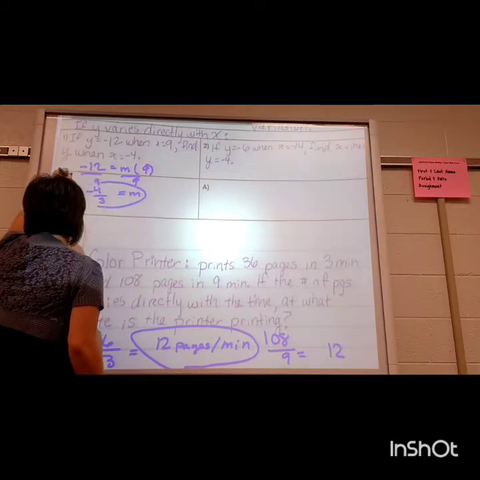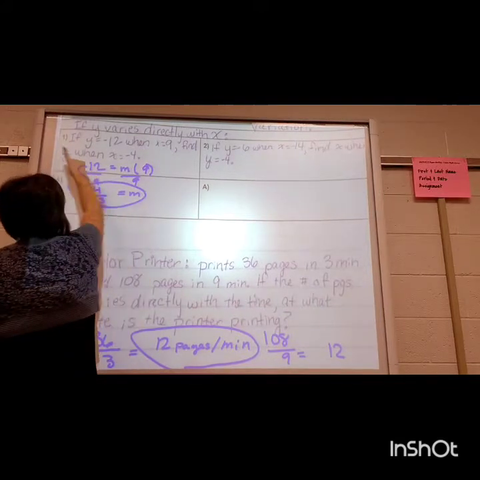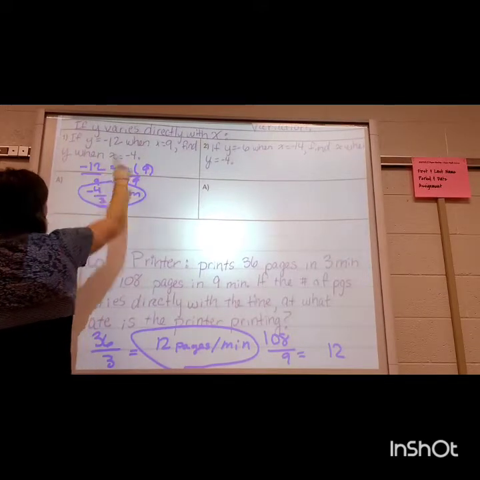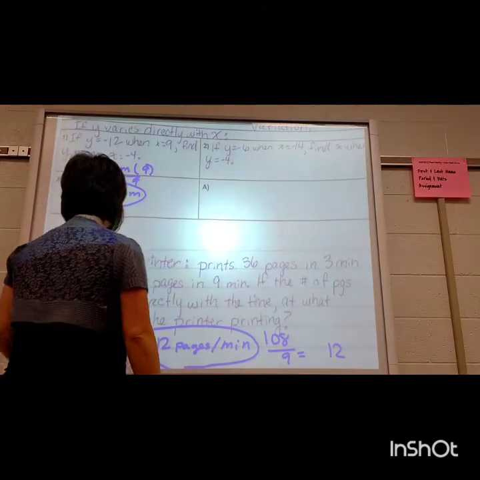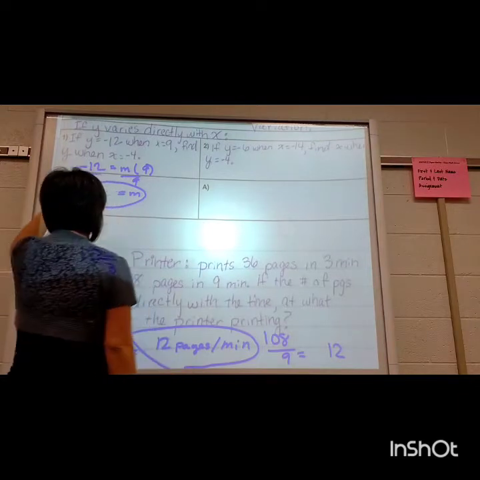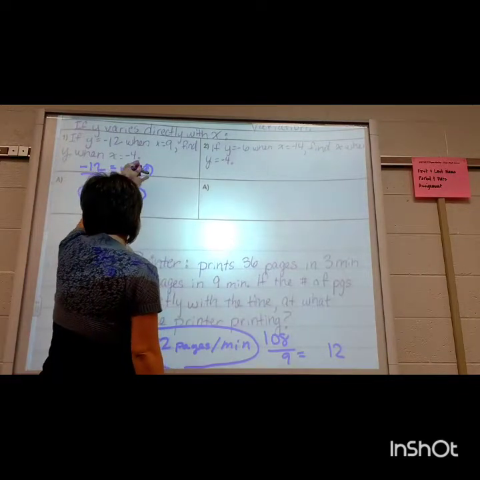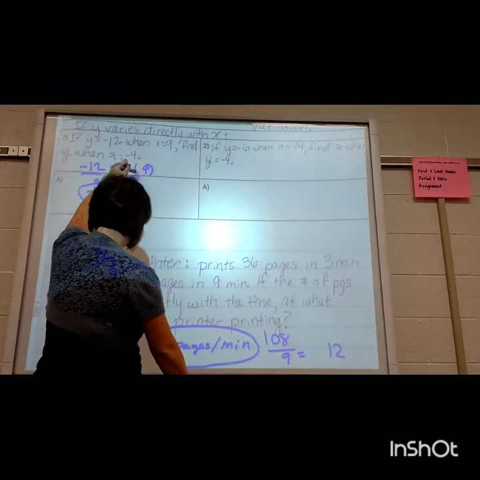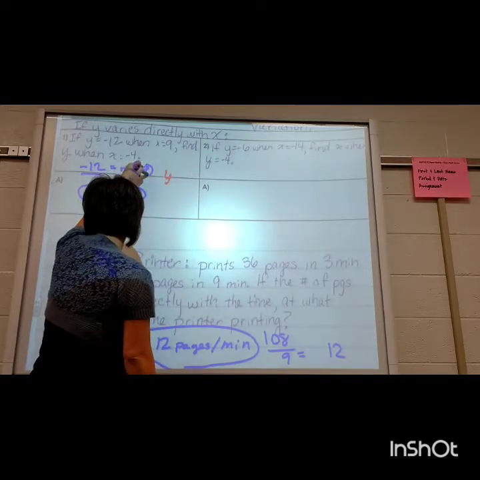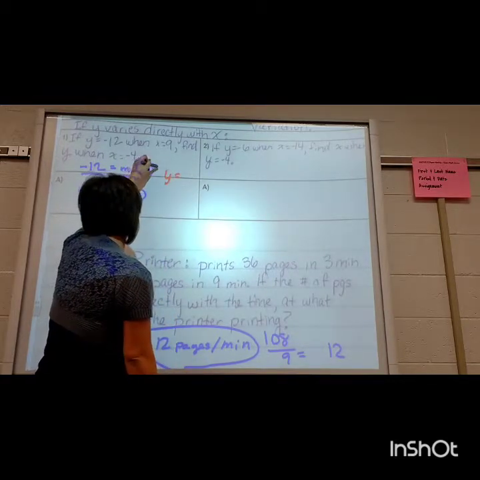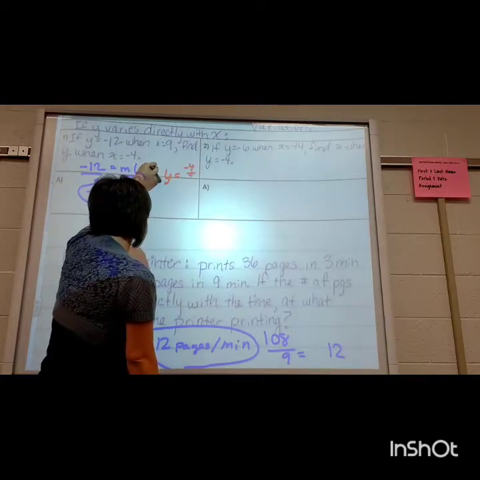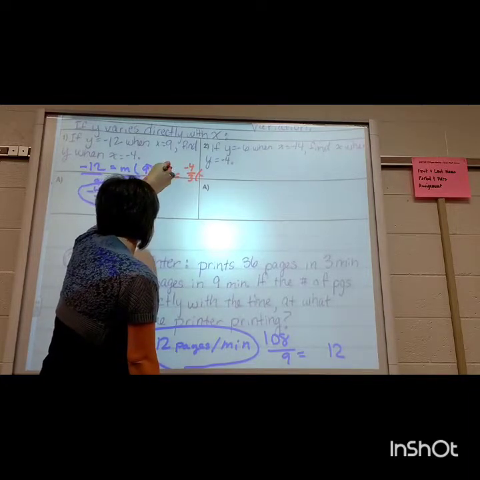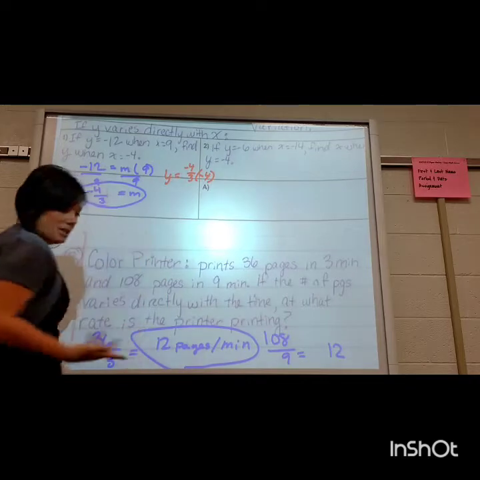That's m. Now we need to find y when x equals negative 4. We don't know y, so we're going to do y equals, and then we know negative 4/3, and x is negative 4. Then I just simply multiply.